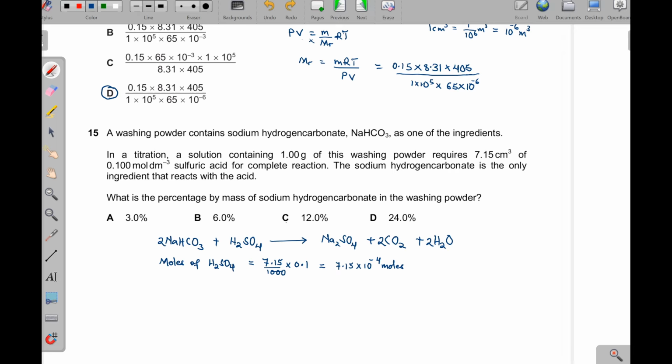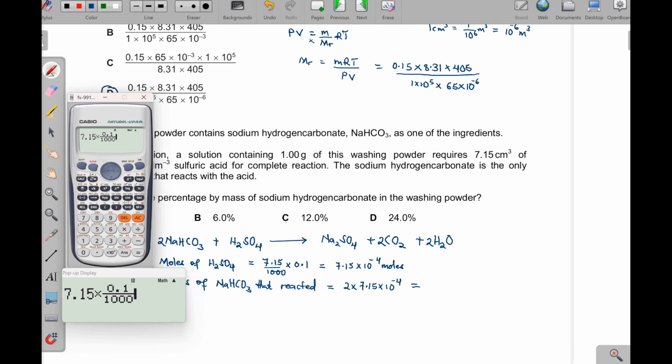So from the mole ratio here, you can see it is 2 to 1. Since this one is a 1, how do we get a 2? We multiply by 2. So from the mole ratio, the moles of sodium bicarbonate that reacted is equal to 2 times this 7.15 times 10 to power negative 4.